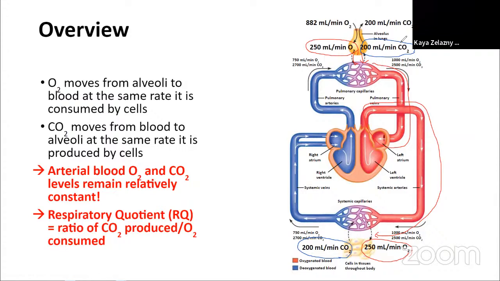Okay, so when we look at our arterial blood levels of oxygen and carbon dioxide, they're going to stay pretty constant because we're just replacing what we've removed. So a number we might calculate, depending on what we're trying to look at, sometimes we'll look at our respiratory quotient, and that is just the ratio of CO2 that's being produced versus the amount of oxygen that's being consumed.